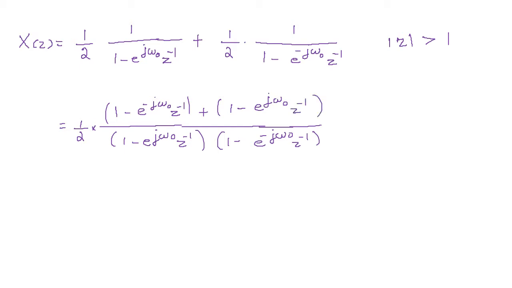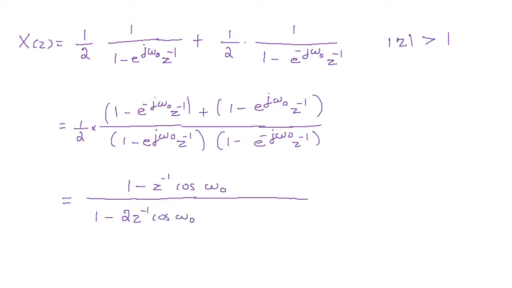Now you can simplify this to get 1 minus z inverse cos omega 0 divided by 1 minus 2 z inverse cos omega 0 plus z raised to minus 2, with the region of convergence mod z greater than 1.